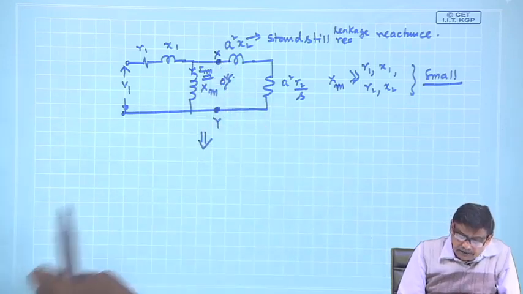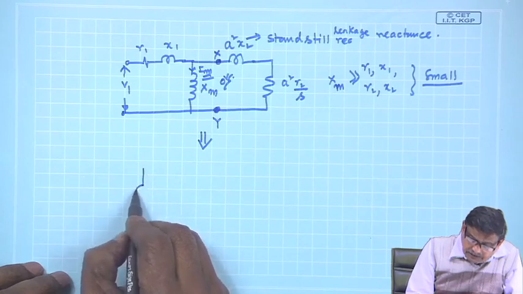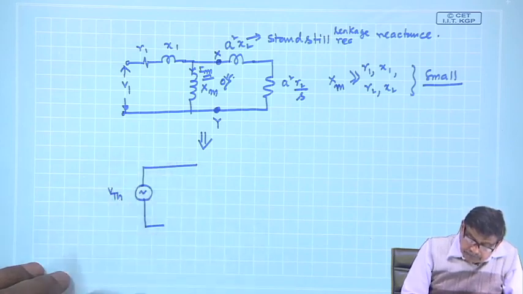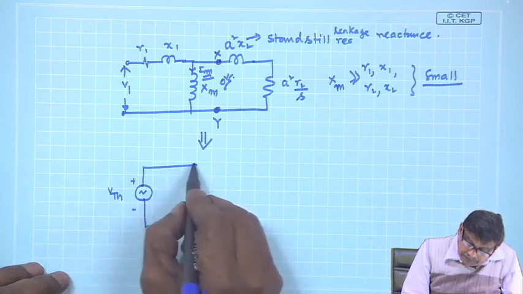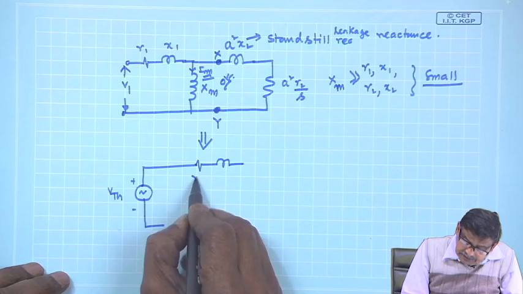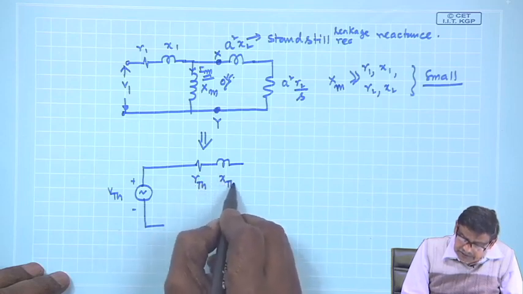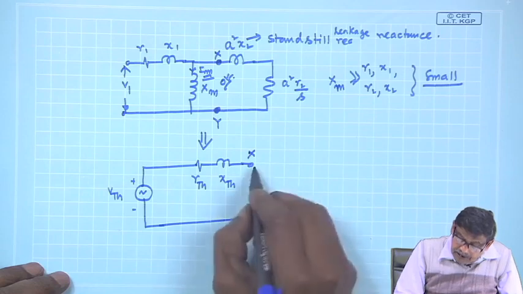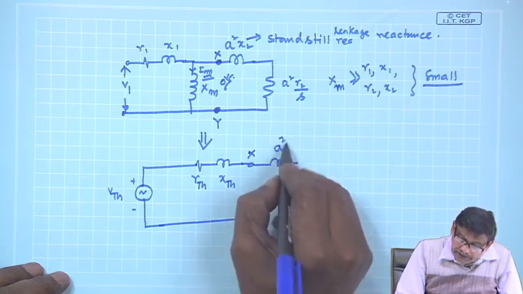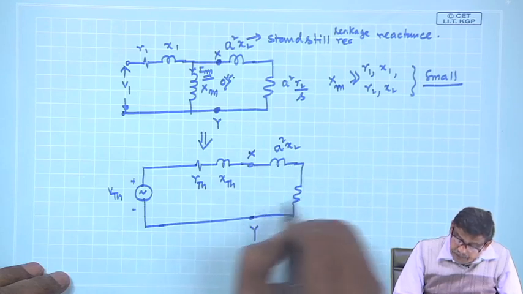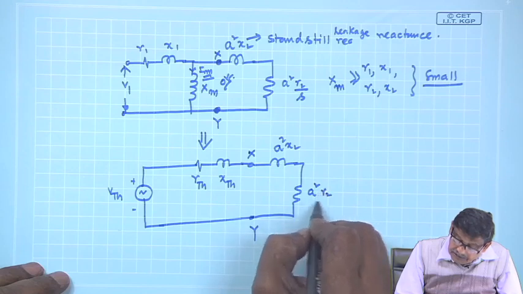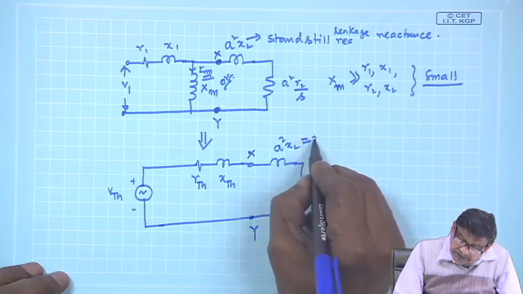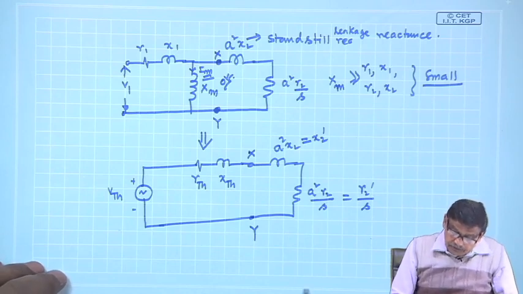About x and y, I can find a Thevenin's equivalent of the circuit such that your supply voltage will be V Thevenin, and there is a resistance and reactance, R Thevenin and X Thevenin, and then your x y points, and then your reflected rotor circuit a square X2 and a square R2 by S. Sometimes this a square R2 is written as R2 dashed by S, and this is written as X2 dashed, as you know in the case of a transformer also we have done it.